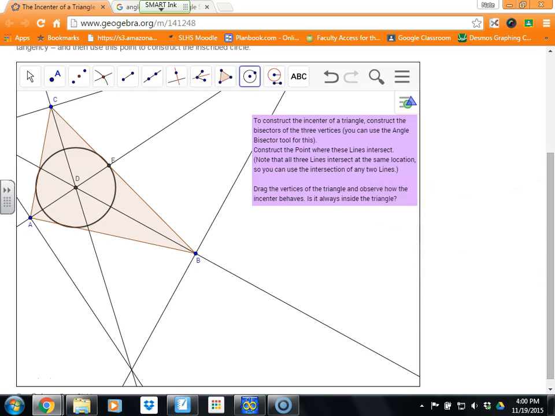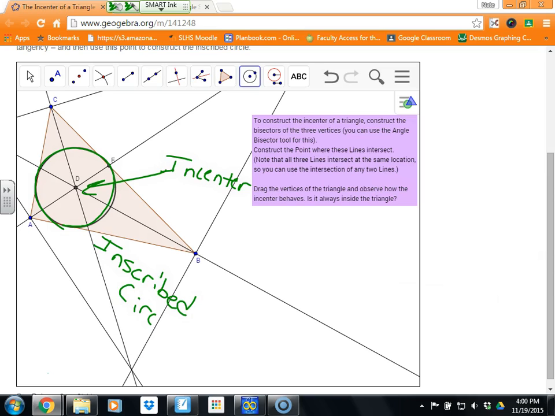And the incenter is the point where I can draw the inscribed circle of the triangle. And all that means is the circle is drawn inside all parts of the triangle. And since all parts are inside the circle, I know the radii are all the same.